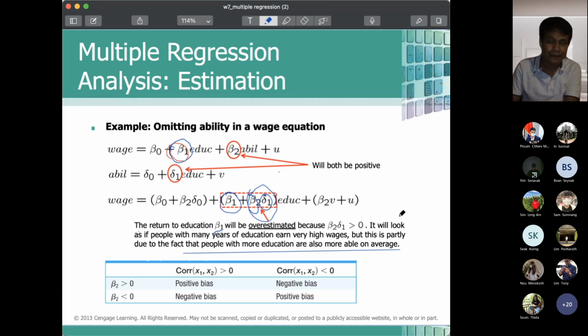All right. Can you follow me? The effect of the violation of zero conditional mean, the effect of endogeneity problems, the effect of omitted variable bias. Follow, teacher. Yep.